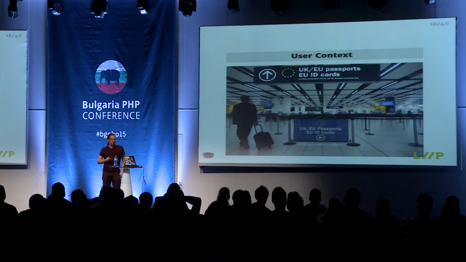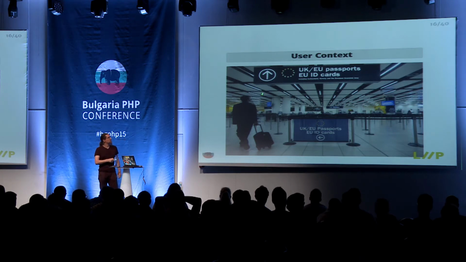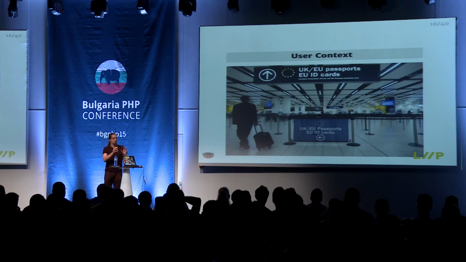So this user context thing, I was trying to think how to illustrate that and came up with this idea of the different queues at an airport. So most airports do this, like, if you have a European Union passport, here, the small text is like Switzerland and other random countries that are not in the European Union, then you can use this queue.